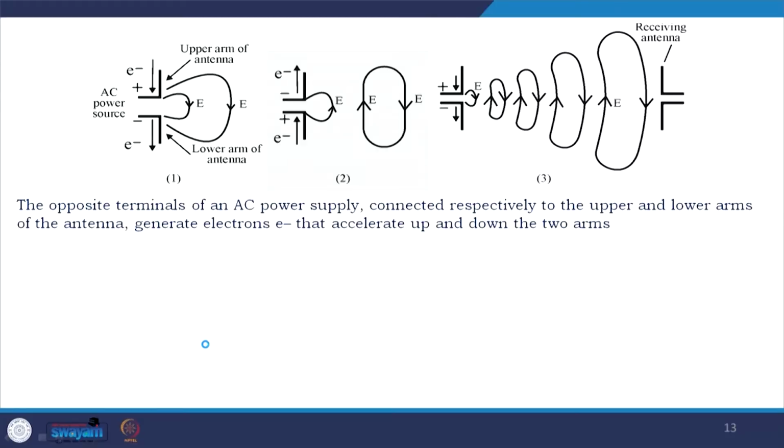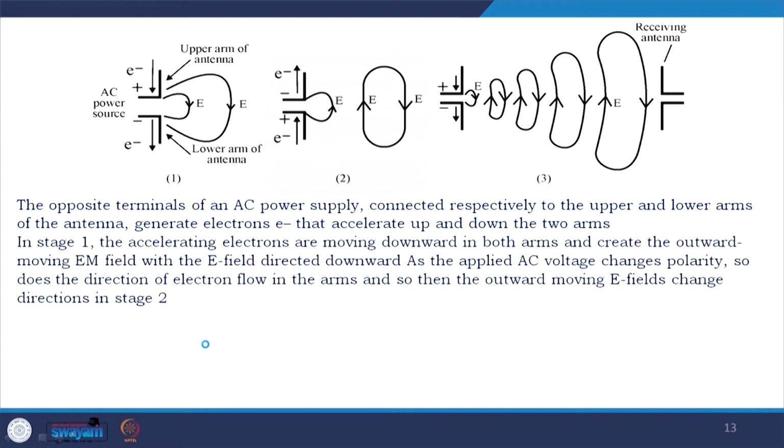So, you see there is an AC power source, the opposite terminals of an AC power supply connected respectively to the upper and lower arms of the antenna, generating electrons that accelerate up and down the two arms. In stage 1, the accelerating electrons are moving downward in both arms and create the outward moving electromagnetic field with the E field directed downward.